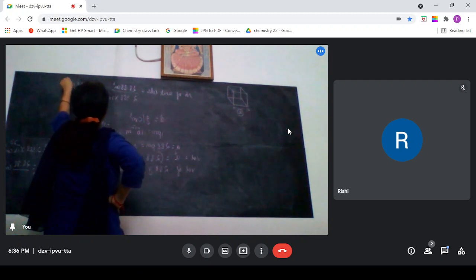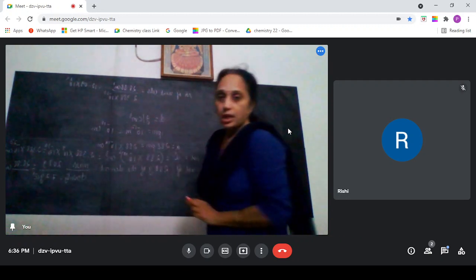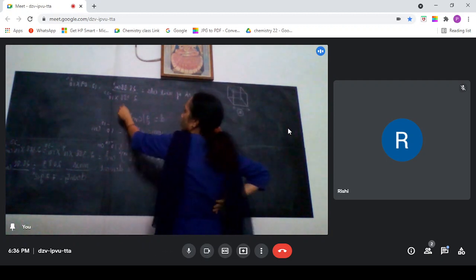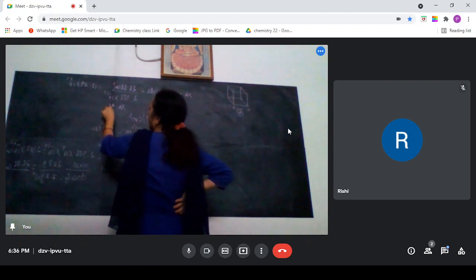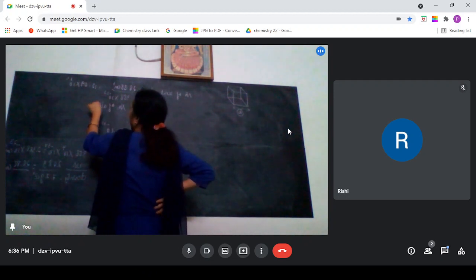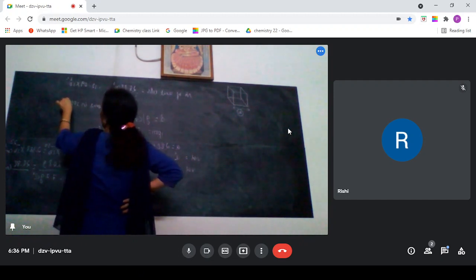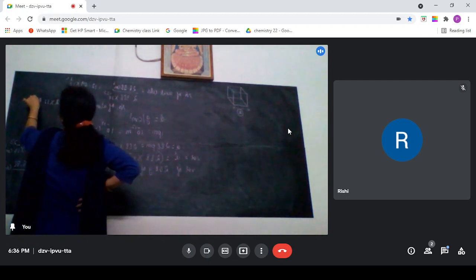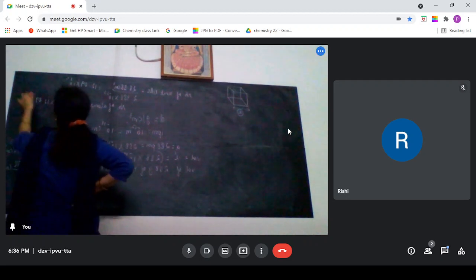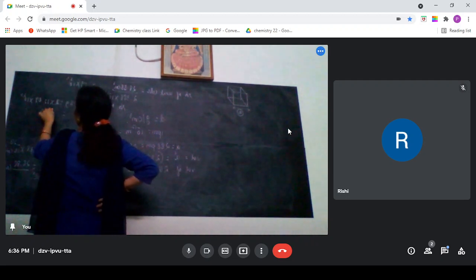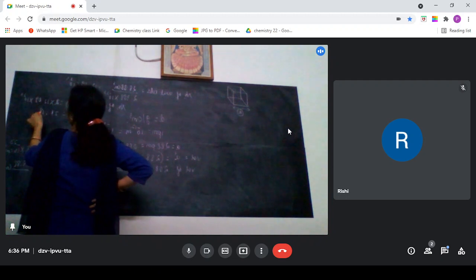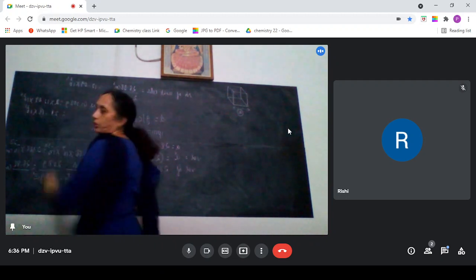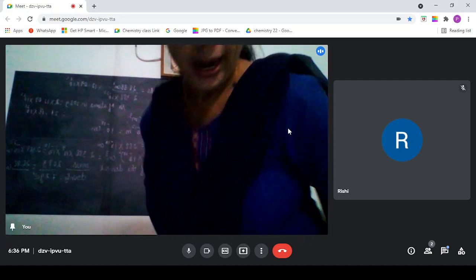And now, each unit cell contains 2 atoms. So the number of atoms in 208 grams of the element will be 2 into 12.09 into 10 to the power of 23. This will be 24.18 into 10 to the power of 23 atoms.